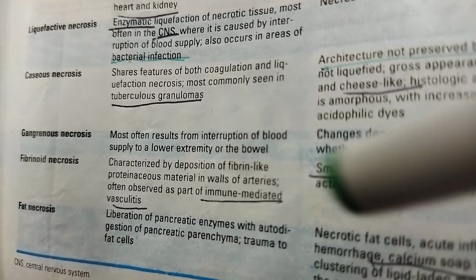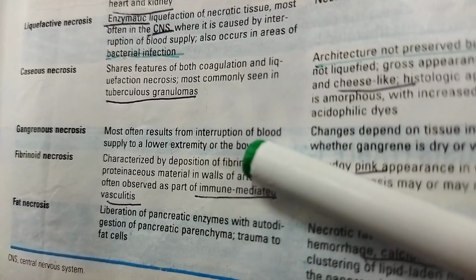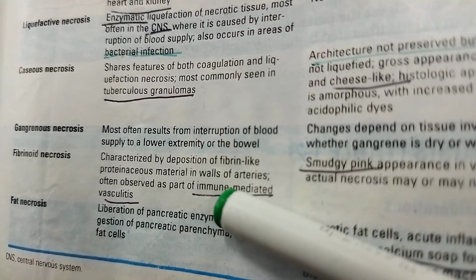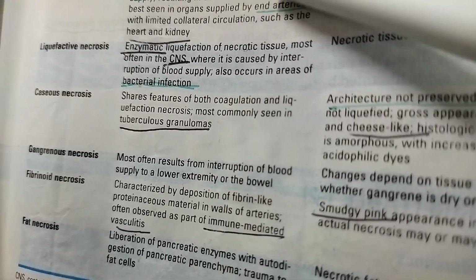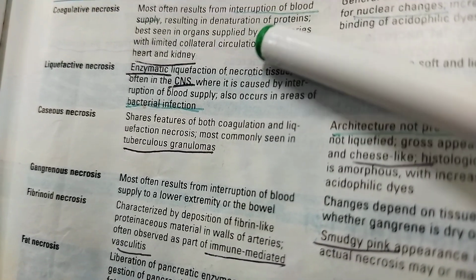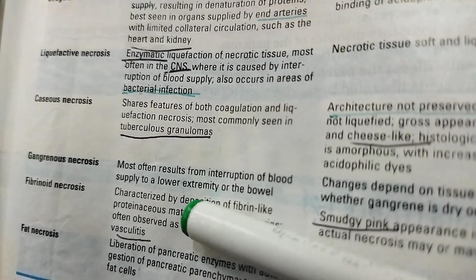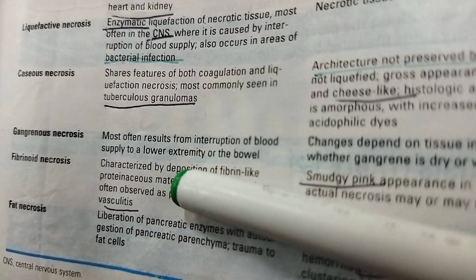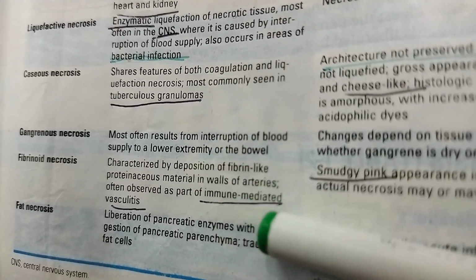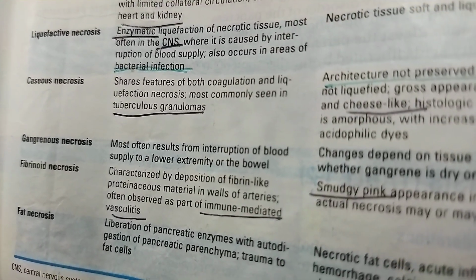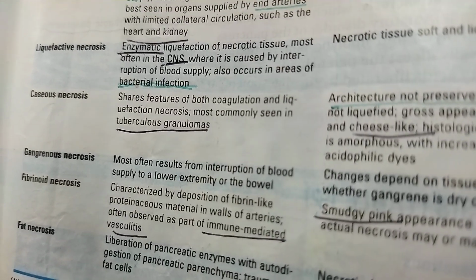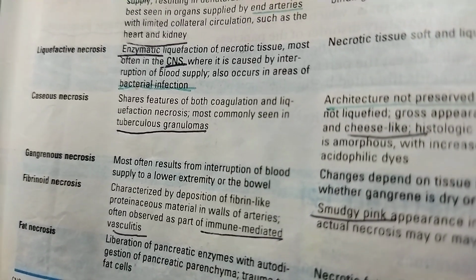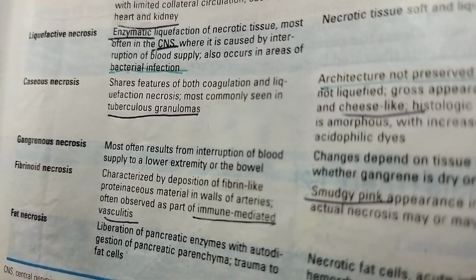Then we will see gangrenous necrosis. It most often results from interruption of blood supply to the lower extremity or bowel. There is a common feature between coagulative, liquefactive, caseous necrosis and gangrenous necrosis. Okay, what is the common point? Interruption of blood supply. But in gangrenous necrosis, most of the interruption of blood supply will be to the lower extremity or bowel.